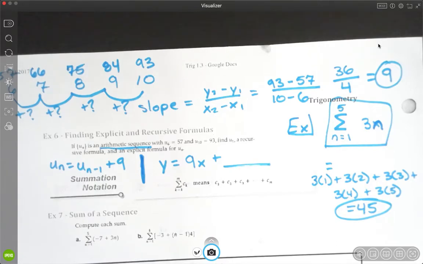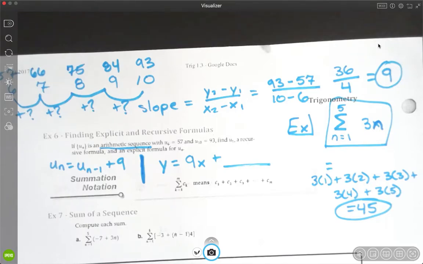Okay, we didn't find u0, so we have to figure out what will get us back to 0, all right? So we have the 6th term. We're going to start with the 6th term. How many times do I need to subtract 9 if I'm going 6 to 0? 6 to 5, 5 to 4, 4 to 3, 3 to 2, 2 to 1, 1 to 0. 6 times, right?